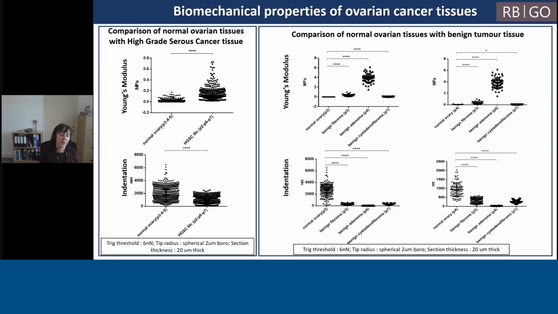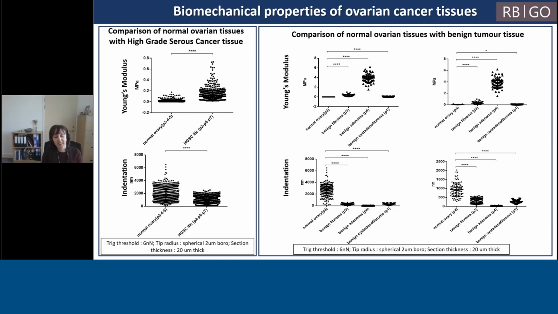Furthermore, we wanted to examine the biomechanical properties of ovarian cancer tissues. Here we compared normal ovarian tissues with high-grade serous cancer tissues, where we've seen that the Young's modulus of the high-grade serous cancer tissues was significantly increased when compared to the normal ovarian tissues.